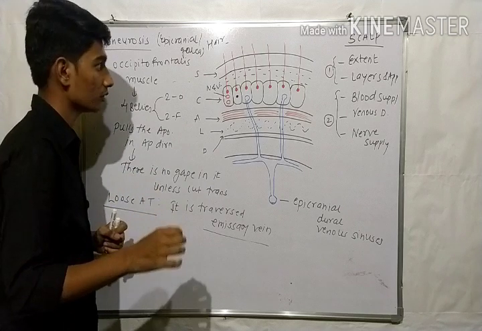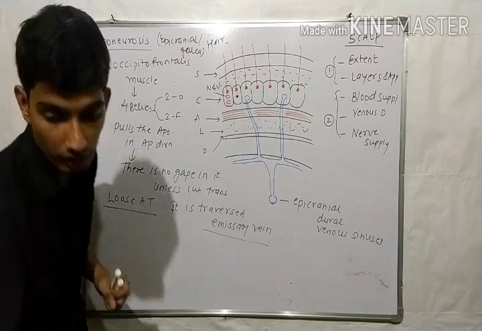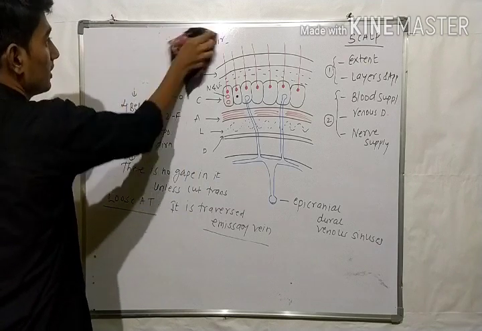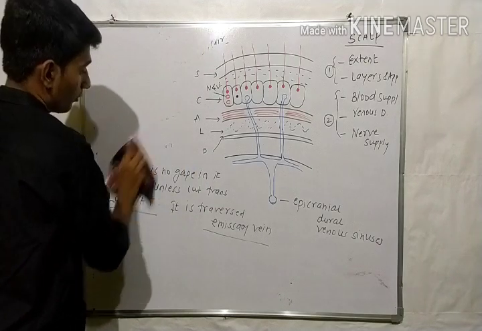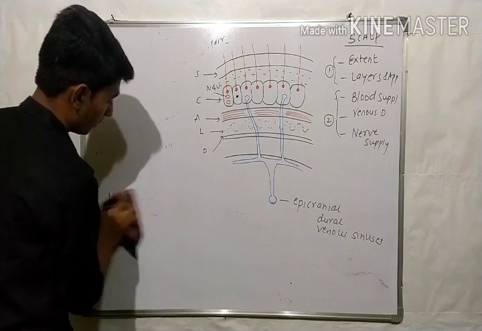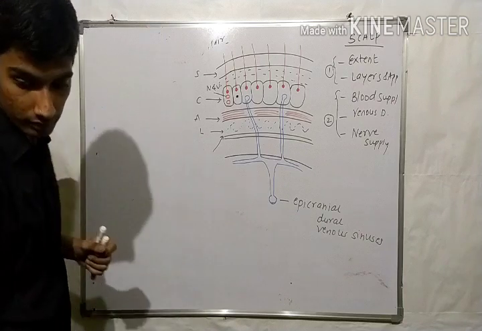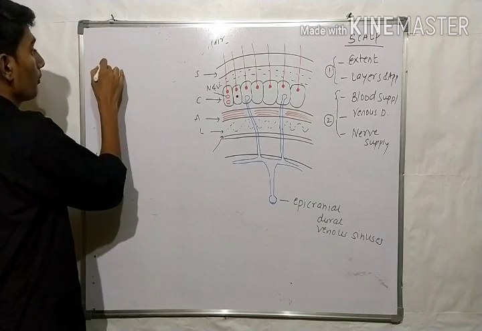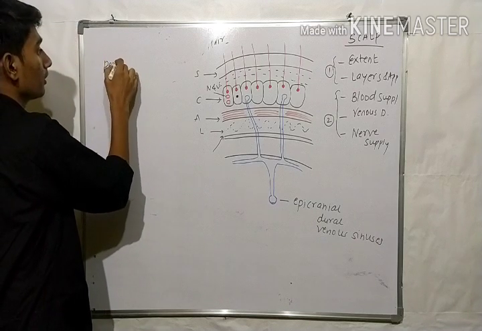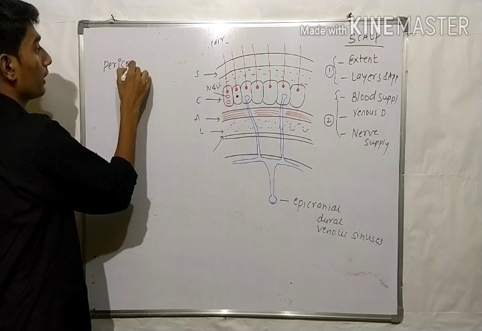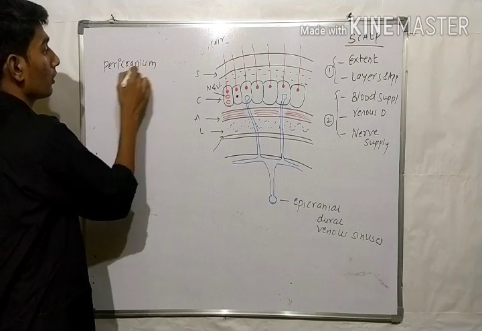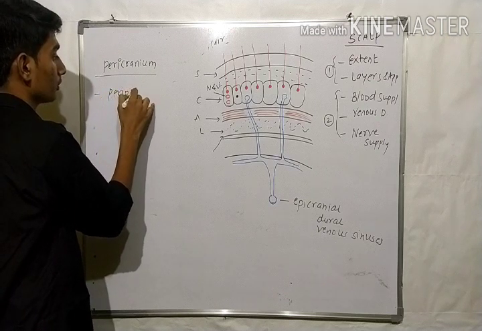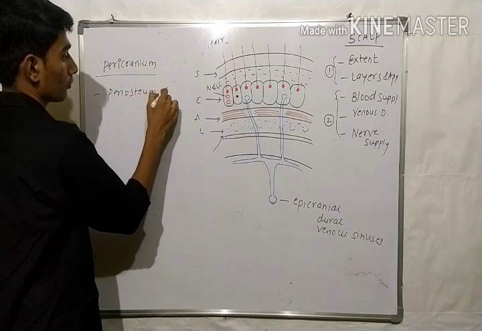Now we will talk about the next layer, and this is the last layer. The name of the last layer is pericranium. Pericranium is the periosseum of the cranial bone. It is the periosseum of skull bone.